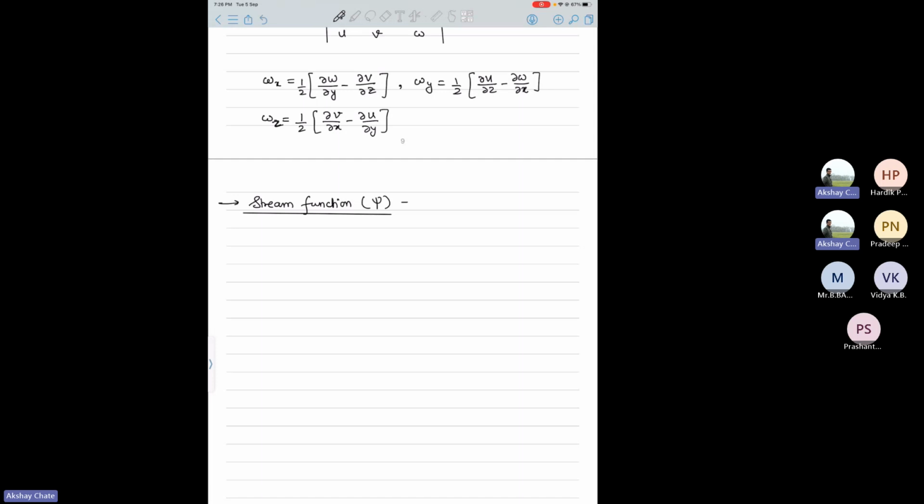So this signifies continuity of mass, and it is a scalar function. It is not a vector function, it is a scalar function, and it is a function of x, y, z and time.